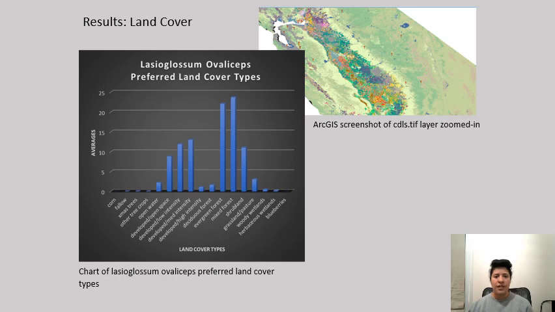On average, the patches of its favorite land cover types were somewhat low at approximately 15% class averages. I think those patches would be large enough to support a population of Lasioglossum ovaliceps since the population sizes can vary from singular to group capacity. Evergreen and mixed forests are connected in the region.